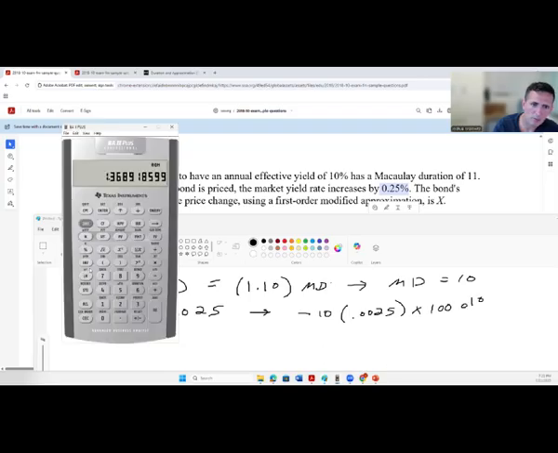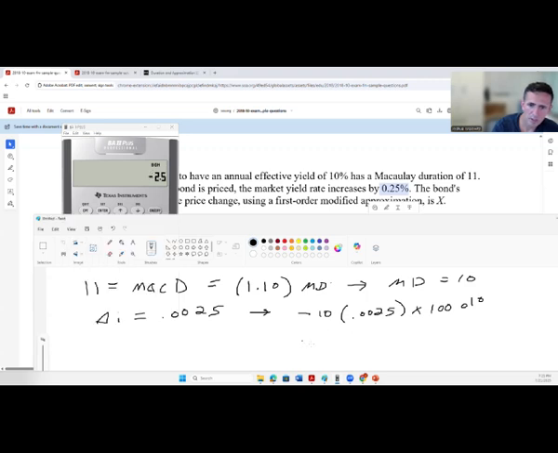Pretty easy problem. So minus 2.5%. These are always going to be negative when you have interest rate increases.